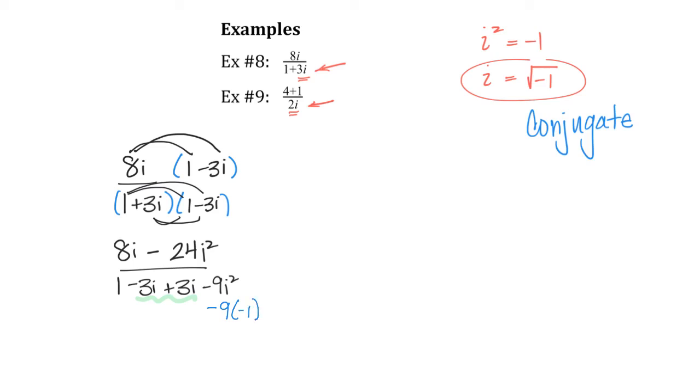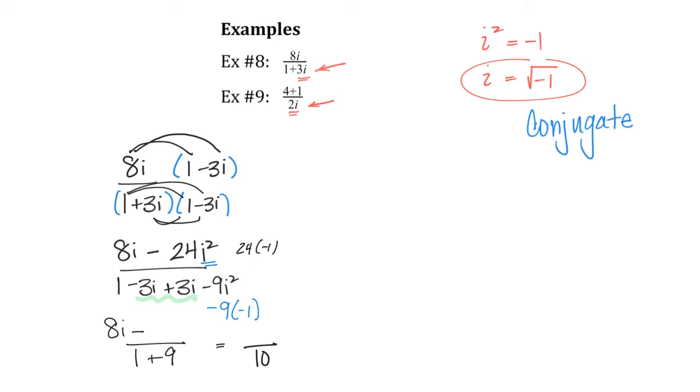So my denominator now is 1 plus 9, or 10. And my numerator, woo, same thing. I've got an i squared where I'm going to have to make a substitution again. So much fun. So I have this 8i, 24 times i squared, which is really 24 times negative 1.